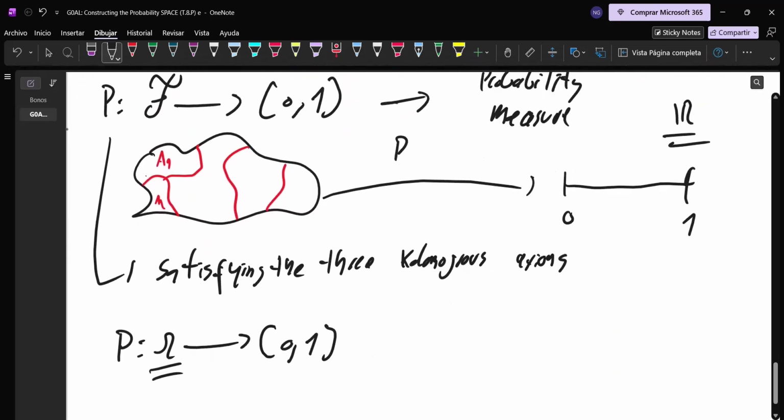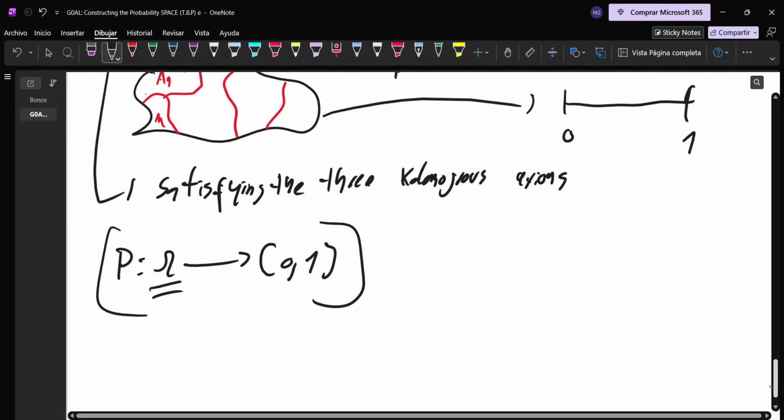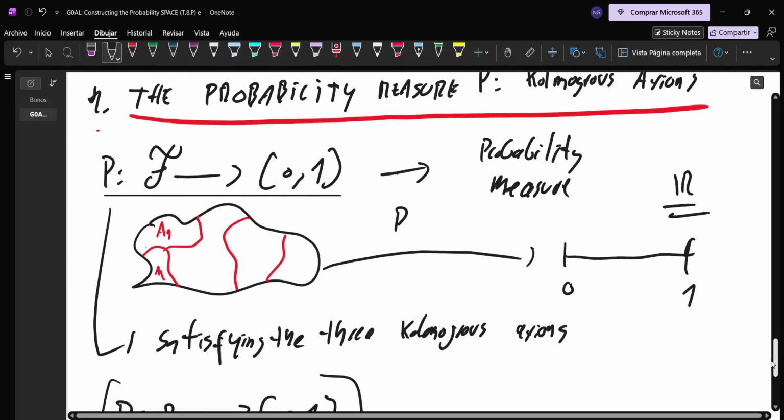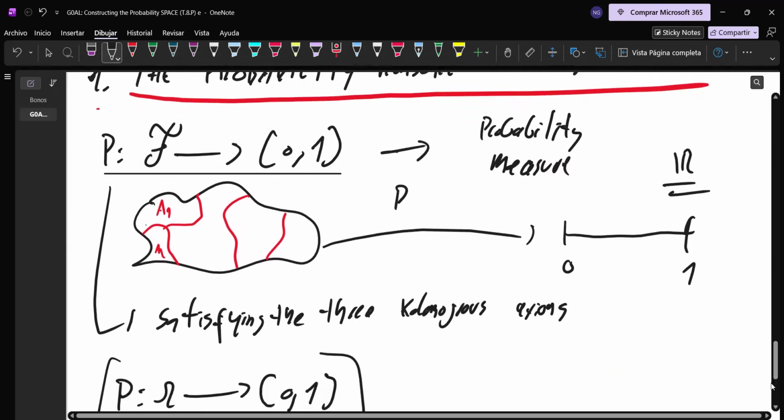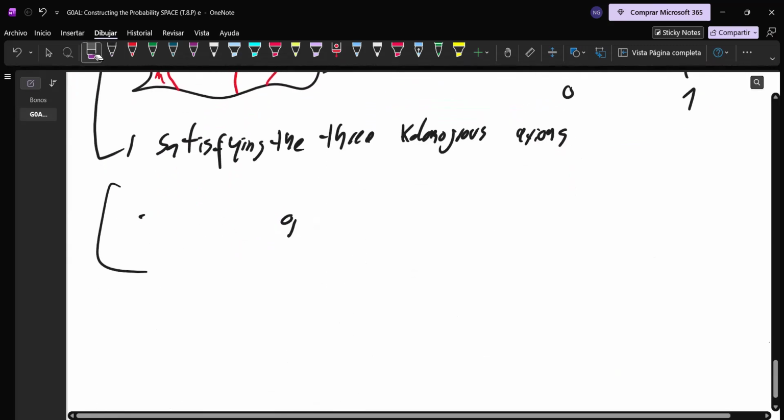Yes, if you do financial maths or something like that, this is a good option and not a problem. But if we take the correct construction, the probability measure goes from F to [0, 1]. And we have some axioms.